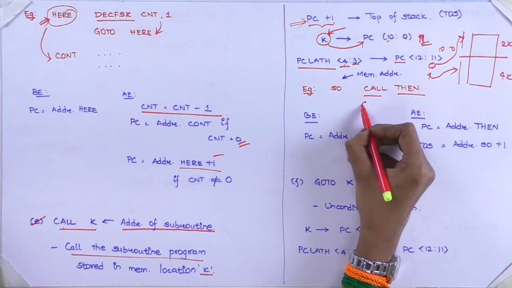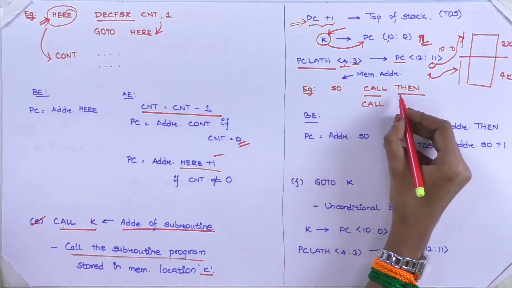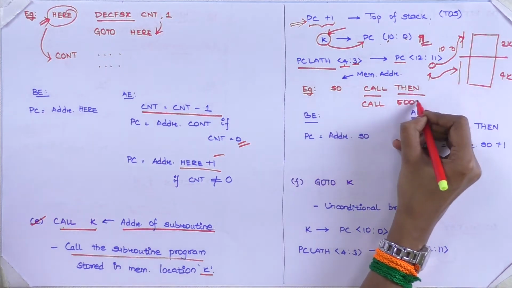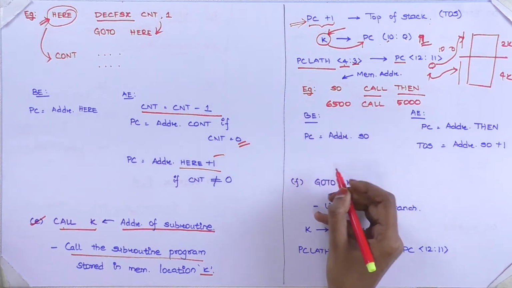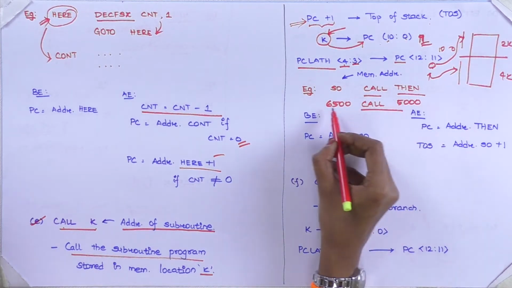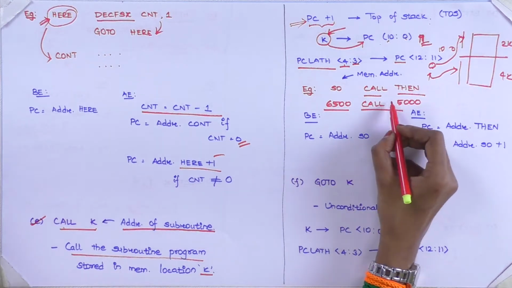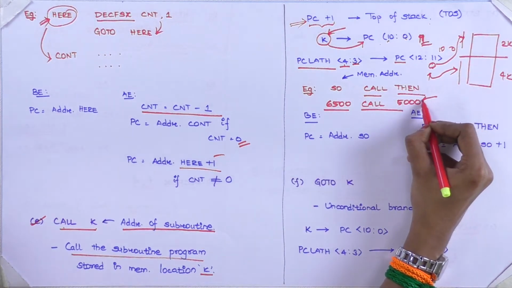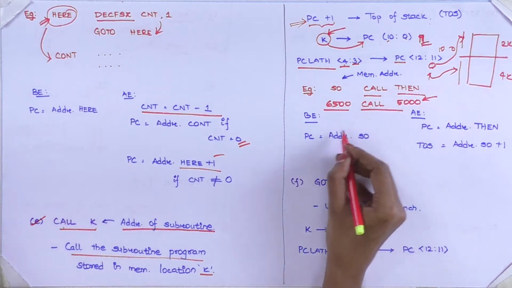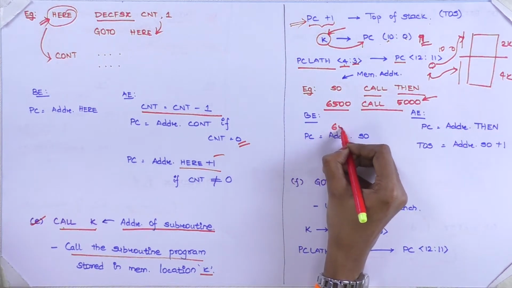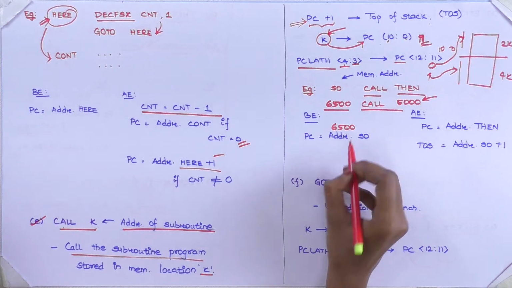So here I have taken an example, call, with the address location. The address of this call instruction is 5600 and I am calling a subroutine which is stored in the memory location 5000. Before executing the instruction, PC will have the address value 5600.